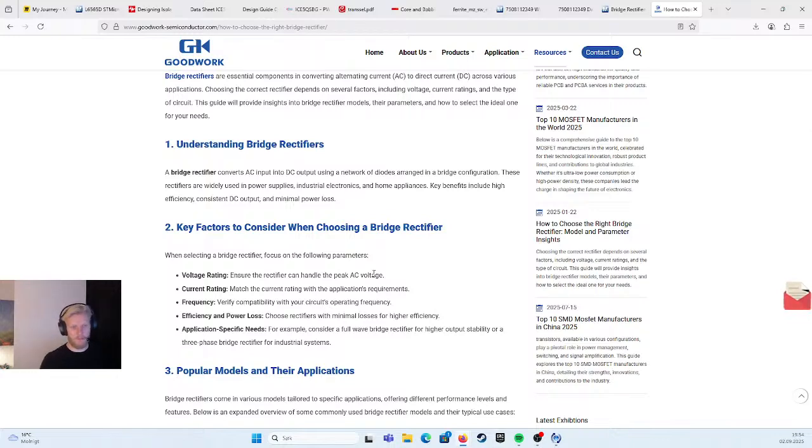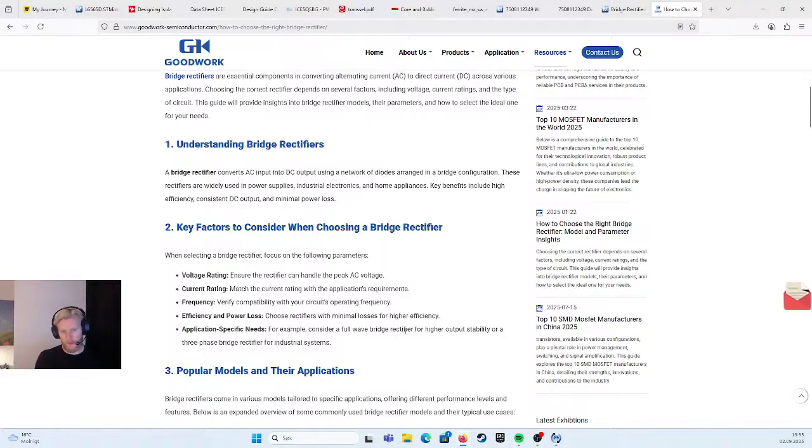Current rating: match the current rating with the application's requirements. Frequency: verify compatibility with the other circuits' operating frequency. Efficiency and power loss: choose rectifiers with minimal losses for higher efficiency.